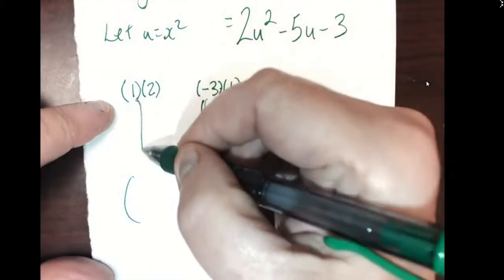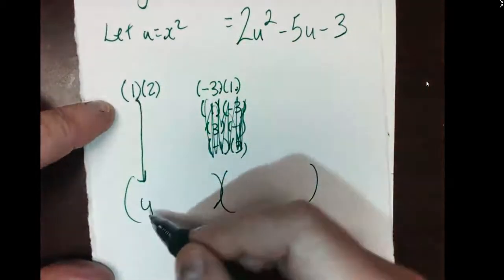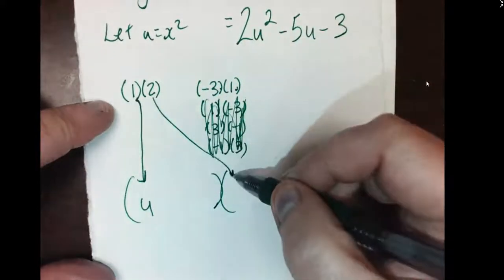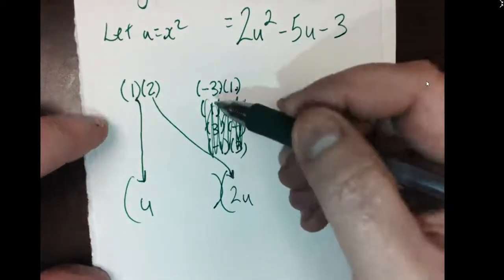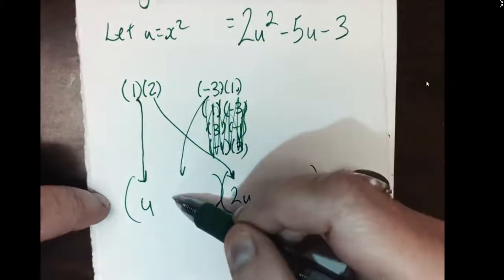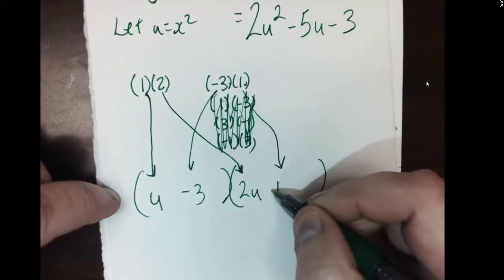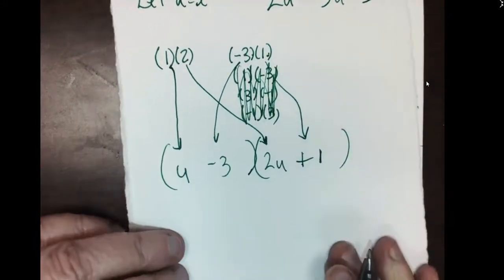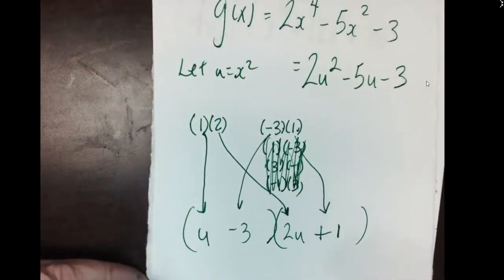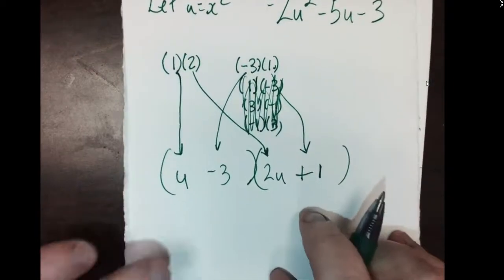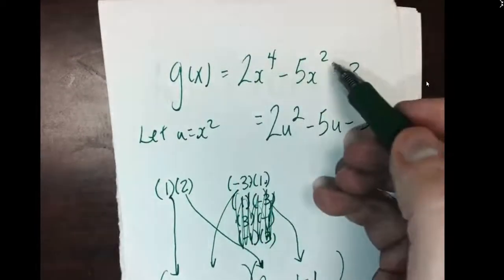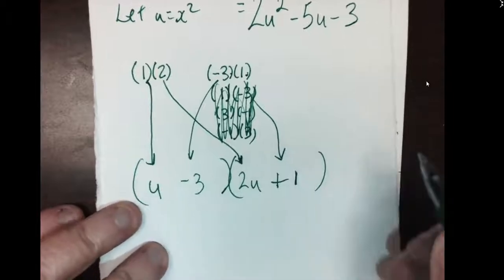So it's going to be 1 times u and 2 times u, and then -3 and +1. Okay. And so now, if I want to find the zeros of g, I can find the zeros of this.